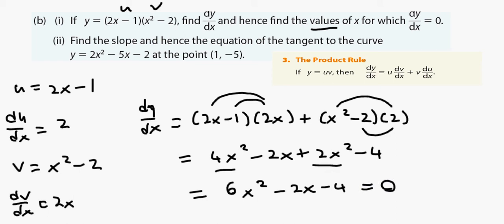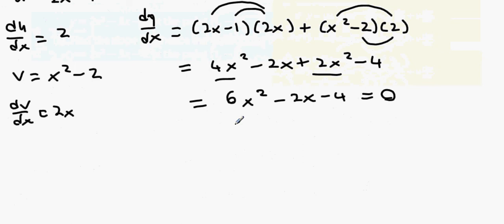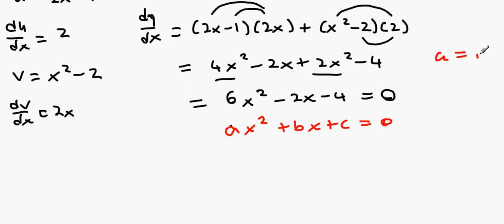So this is a quadratic equation, and the minus b formula is going to have to be used. So ax squared plus bx plus c is equal to 0, where a is 6, b is minus 2, therefore minus b is going to be plus 2, and c is going to be minus 4.